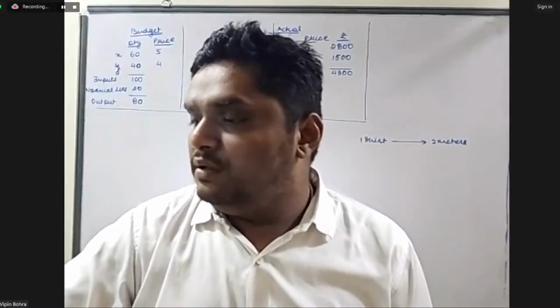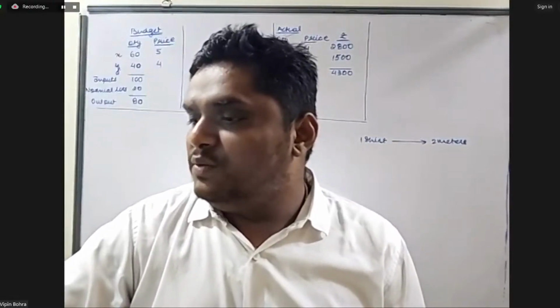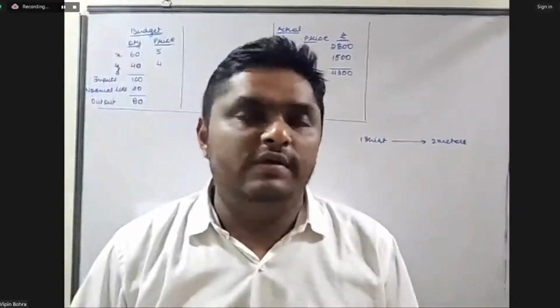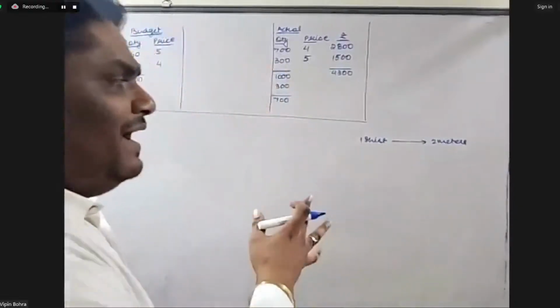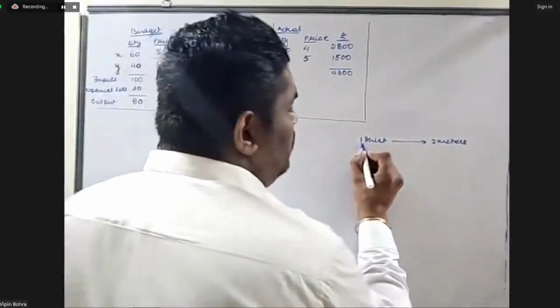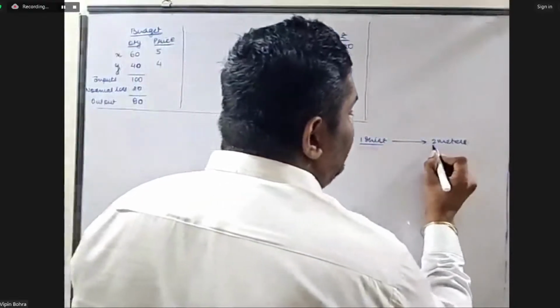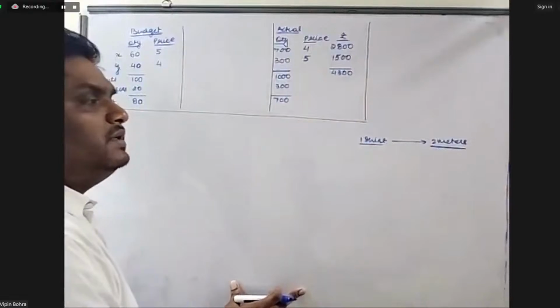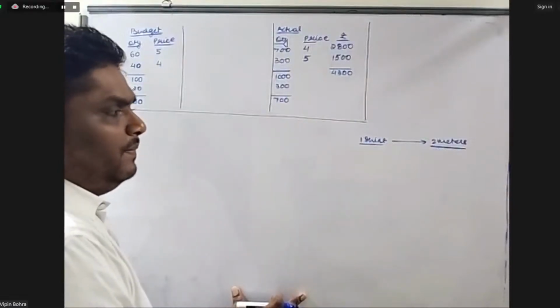Let's say I'm the manufacturer of a shirt, and as per the target set by the company, one shirt requires 2 meters of fabric. One shirt requires 2 meters of fabric.